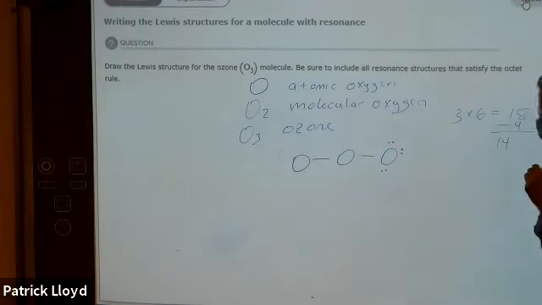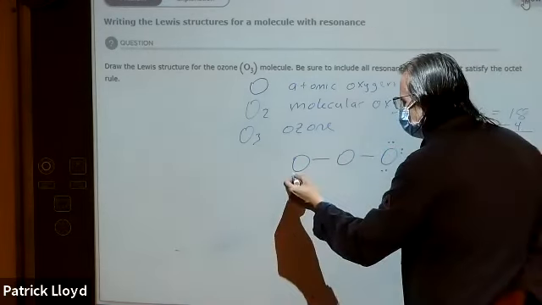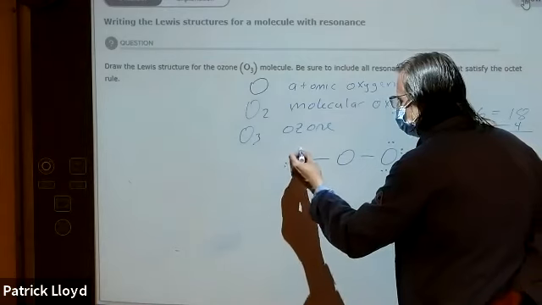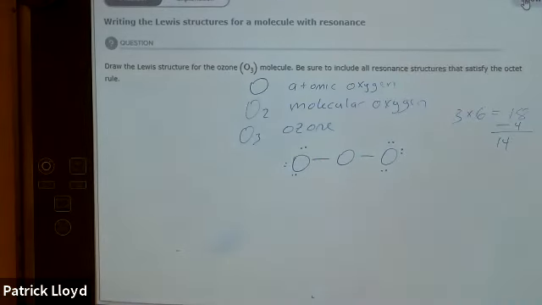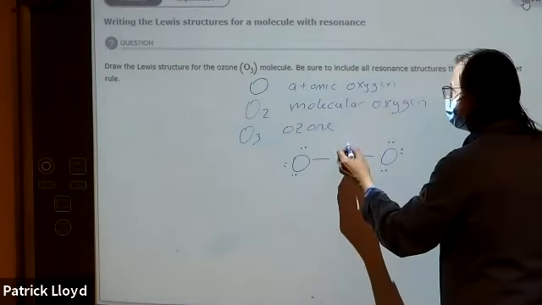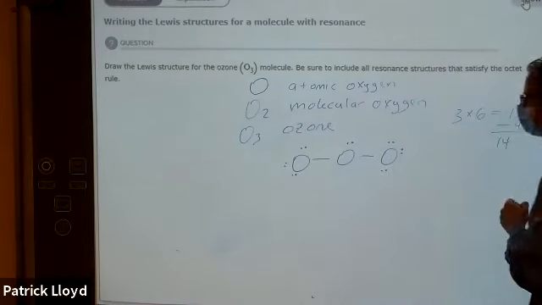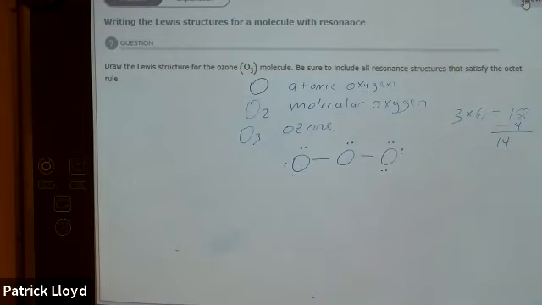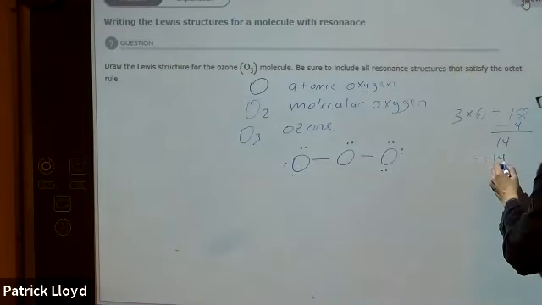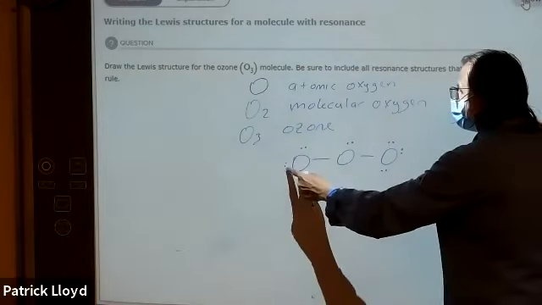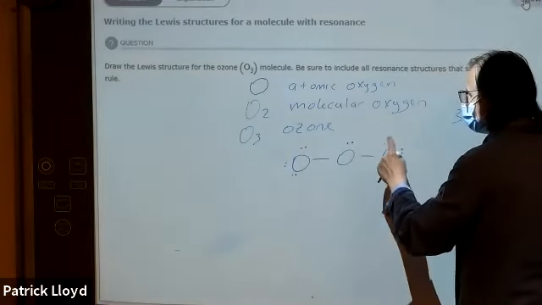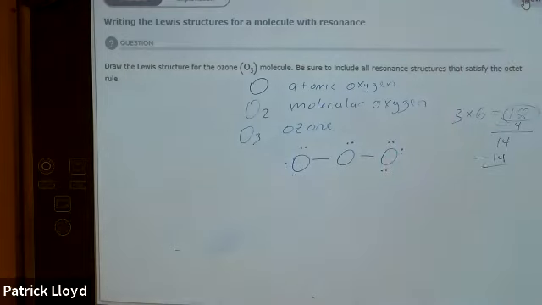So there's 6, 8, 10, 12. We still have 2 to go. So now we put them on the central atom. That's 14 right there, right? Let's check. We should have a total of 18. 2, 4, 6, 8, 10, 12, 14, 16, 18.